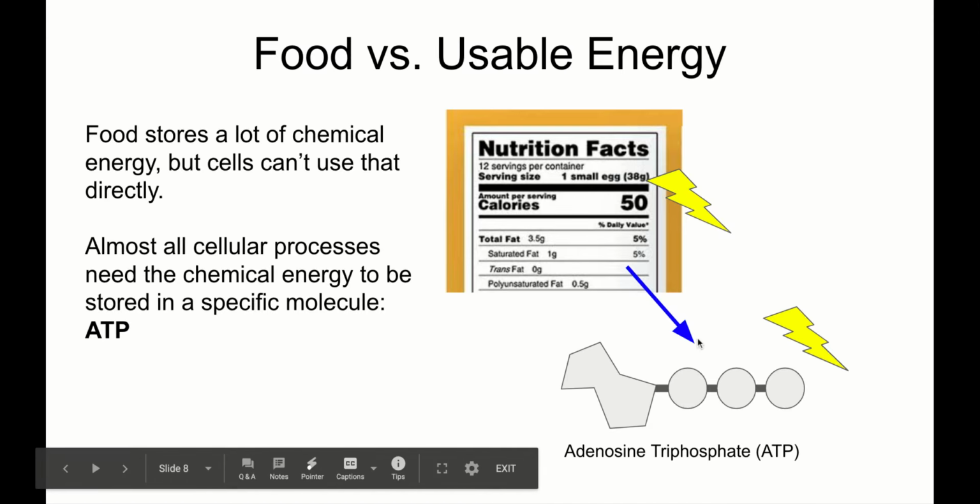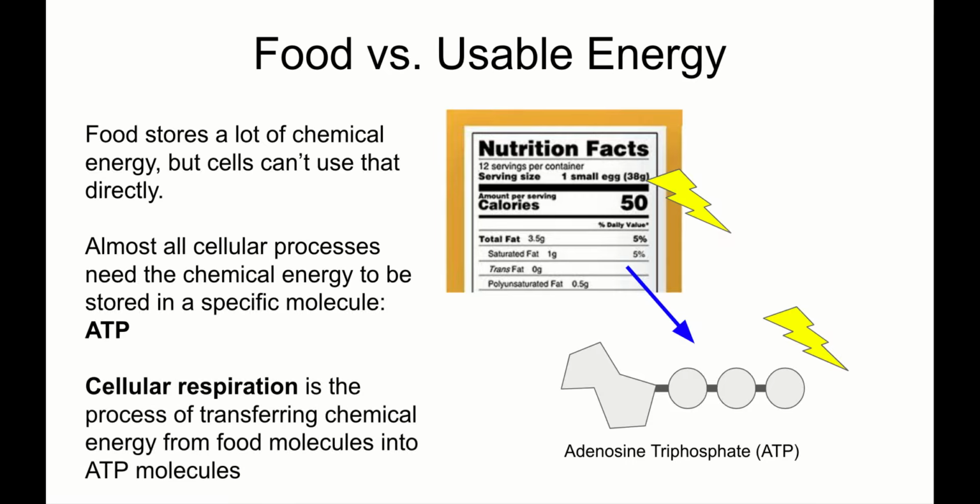I have a little diagram here of ATP. It is this funky shape consisting of this unusual geometric shape and three circles. It stands for adenosine triphosphate, and I'll tell you more about it in a moment. Cellular respiration is just the process of transferring chemical energy from food molecules into chemical energy stored in ATP molecules.